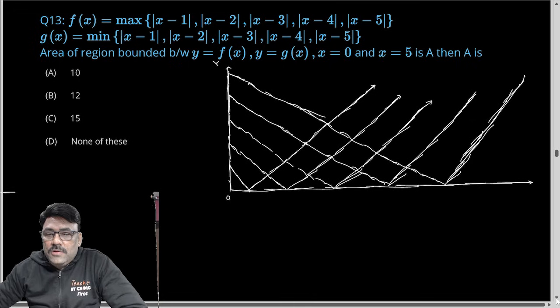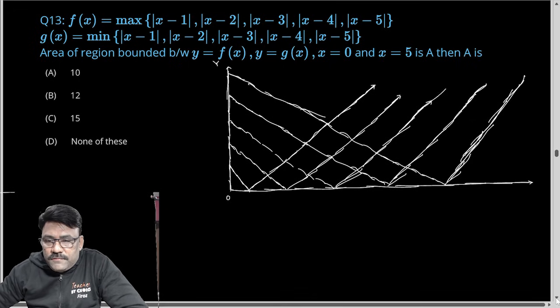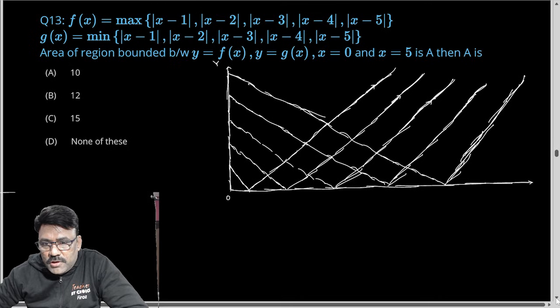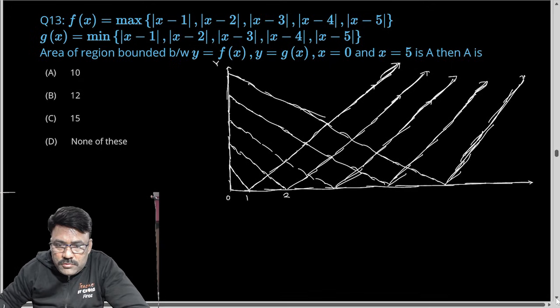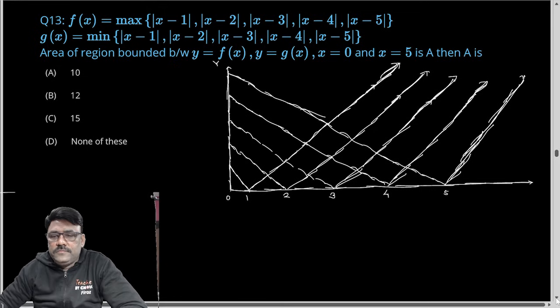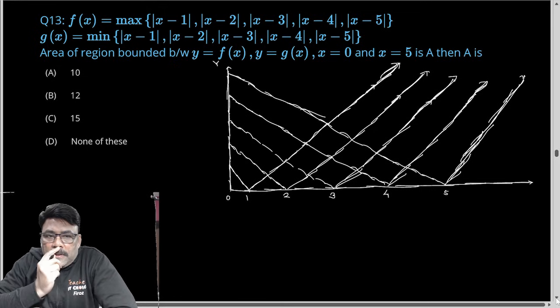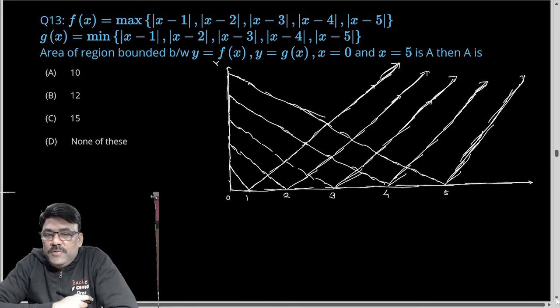Right. So these are the graphs of mod x minus 1, mod x minus 2, mod x minus 3, mod x minus 4, mod x minus 5. Now I have to take the maximum and minimum of these graphs. This is actually 1, 2, 3, 4, 5. Now what is the maximum of these? Maximum is the upper graph.